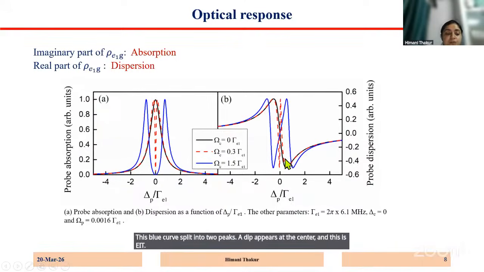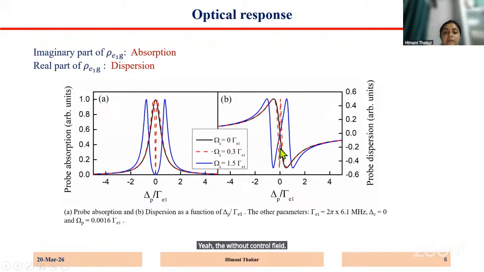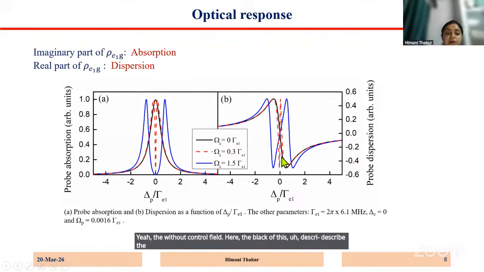Next graph shows dispersion versus detuning. Here, the black curve describes the case without control field. This shows a smooth gradation, and with control field, a very steep slope near resonance is observed.